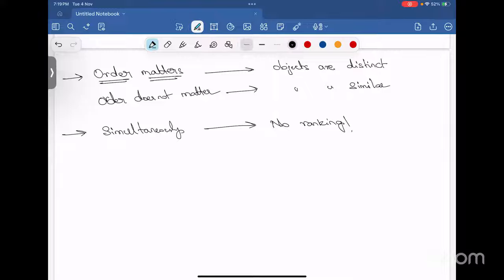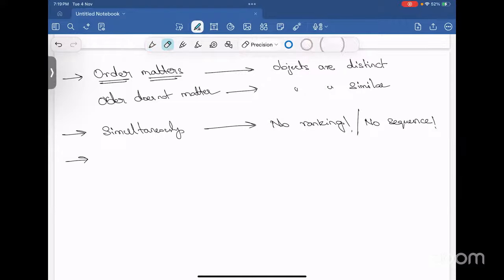So no ranking means no sequence, right? There is no first place, second place, third place, nothing like that.